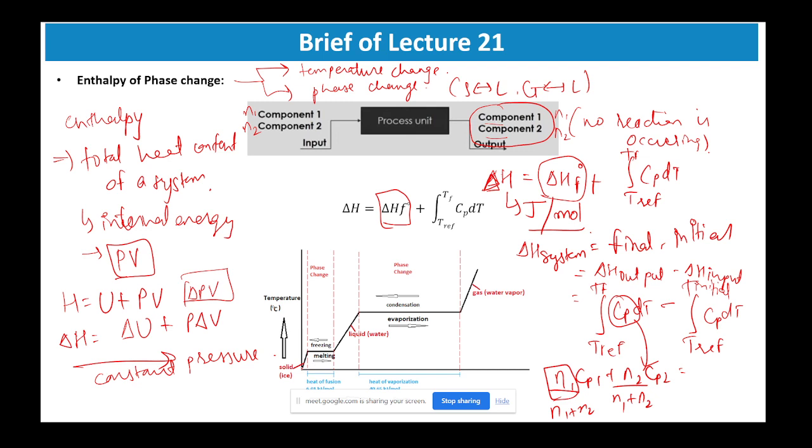Suppose you have ice at, let's say, minus 10 degrees centigrade, and the melting point of ice is 0 degrees centigrade. So during that transformation, there will be some amount of heat absorbed for ice to melt. So it will go from minus 10 to 0 degrees Celsius.